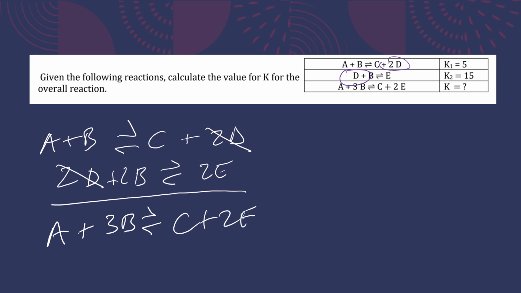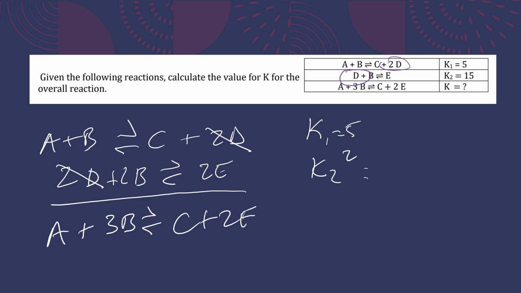So like we said, if we multiply a reaction by a factor, we have to apply that same factor to the K. So let's see, K1 equals 5. K2 is actually squared because I multiplied everything by 2.